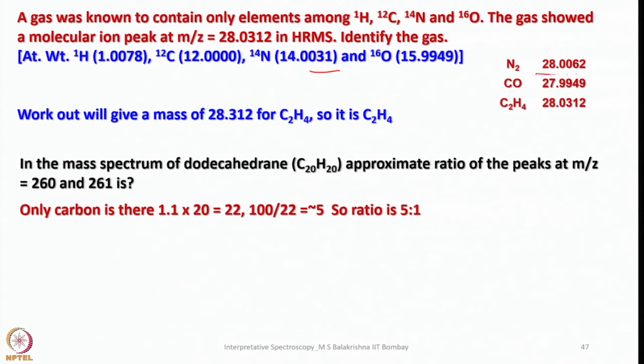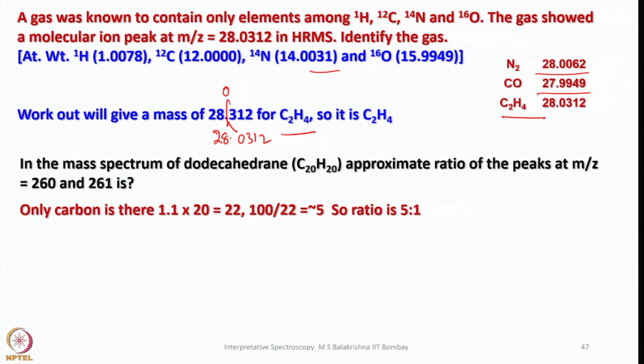N2 will be 28.0062, CO will be 27.9949 and C2H4 will be 28.0312. So the work out gives a mass of 28.0312. This is for C2H4. So immediately we can say that this HRMS molecular ion peak is due to ethylene gas.